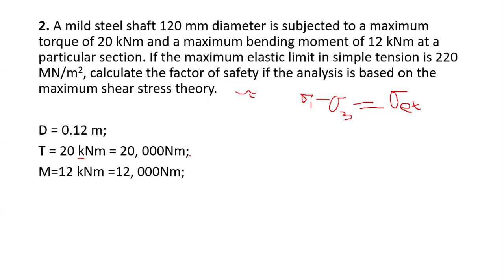So that's 12,000 Newton meters. Because again, we're just converting the kilo to that. We multiply 12 by 1,000 or 10 power 3. Then this is our result, 12,000 Newton meters. Then we've been given the elastic limit stress for a material loaded in tension. That is 220 meganewtons per square meter.